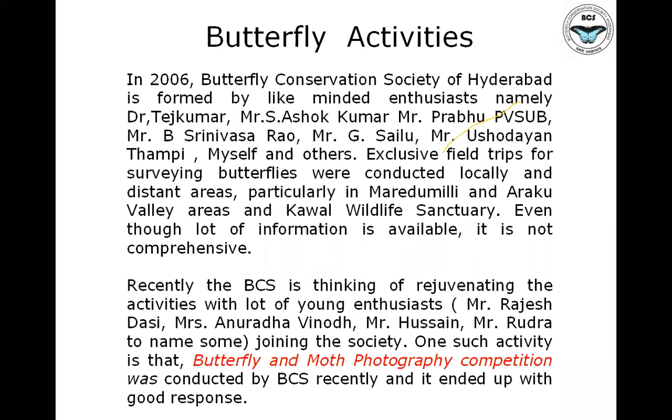Recently, the BCS is thinking of regenerating its activities, with a lot of young people joining the society, like Mr. Rajesh, Anuradha, Hussein, Rudra, and many others. One such activity is the butterfly and moth photography competition we conducted in May on the 20th, and it ended up with a very good response. A lot of people responded.